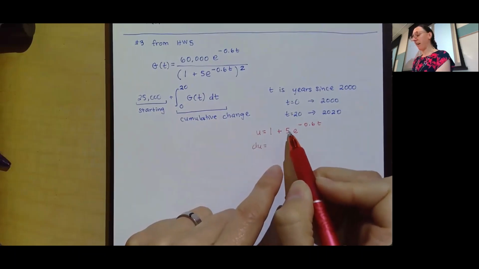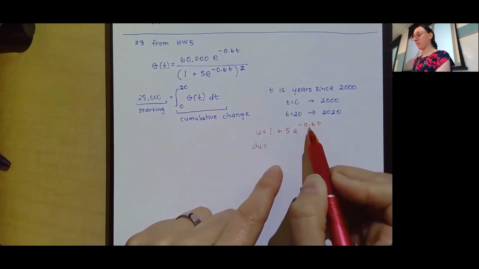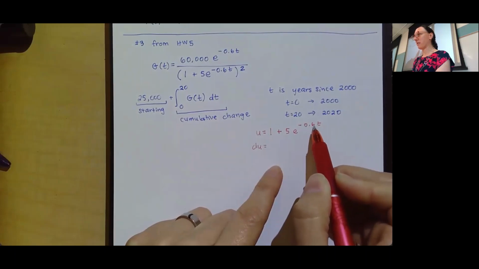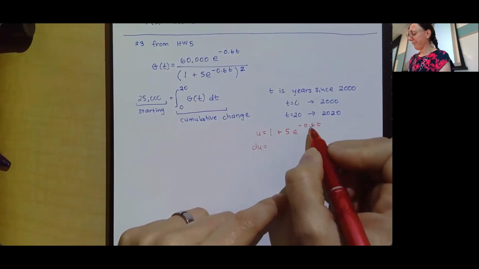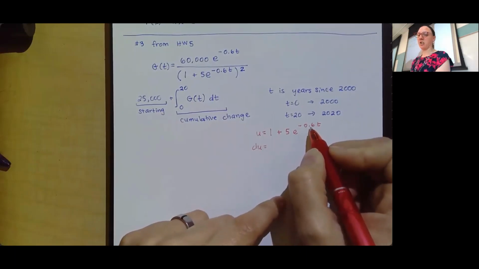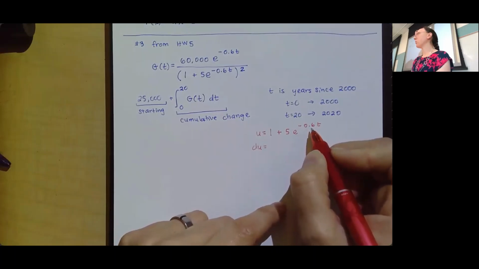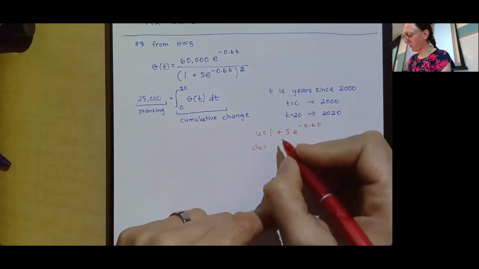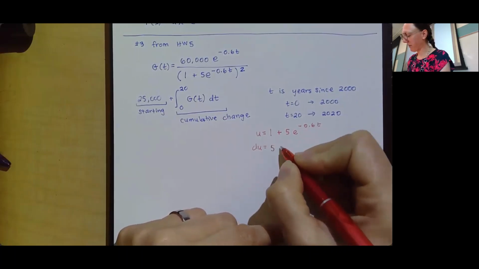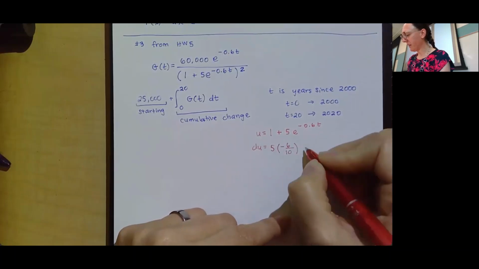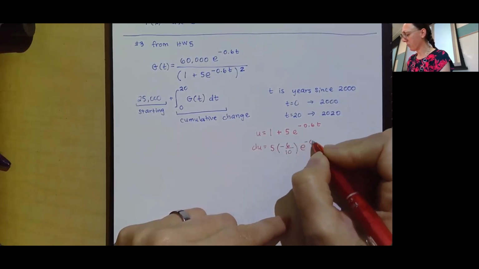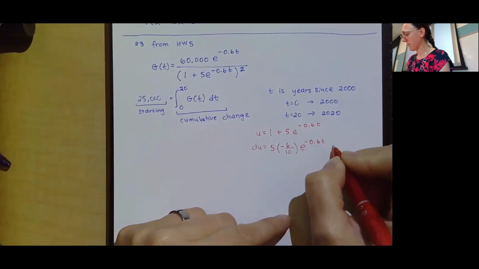This is going to be 5 times negative 0.06. I'm going to write the 0.6 as a fraction because I don't personally do well with multiplying decimals. So I'm going to write this as 5 times negative 6/10 e to the negative 0.6t times dt.